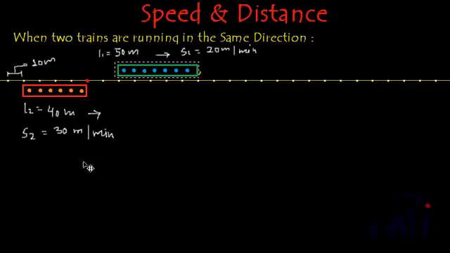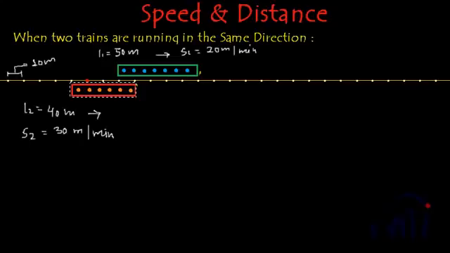Why? Because its speed is 30 meters per minute. The red train will cover 1, 2, 3, 30 meters and it will reach over here, right? So let's shift this red train also to its new position. The red train will reach here, isn't it?